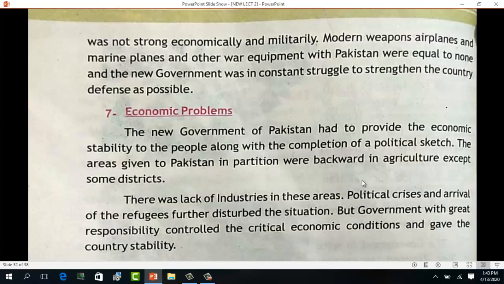That's why a political crisis arose in Pakistan at that time, because of economic instability. Further, the process of refugee rehabilitation disturbed the situation. But the government with great responsibility controlled the critical economic condition and gave the country stability.